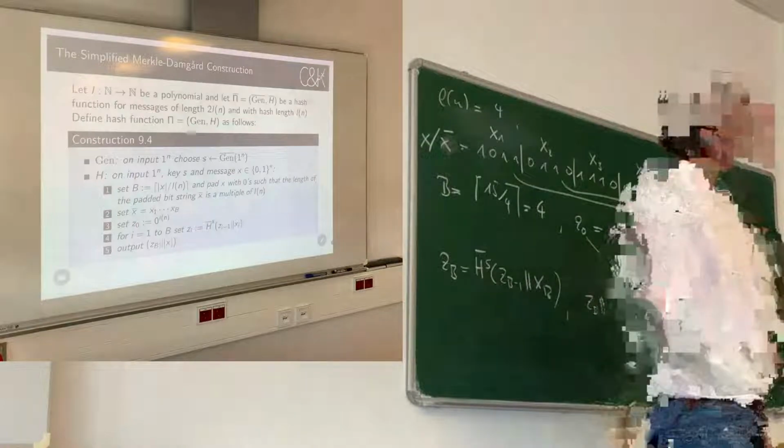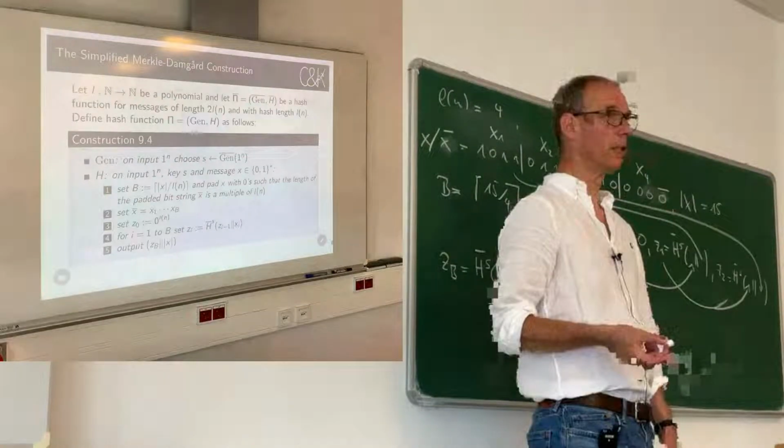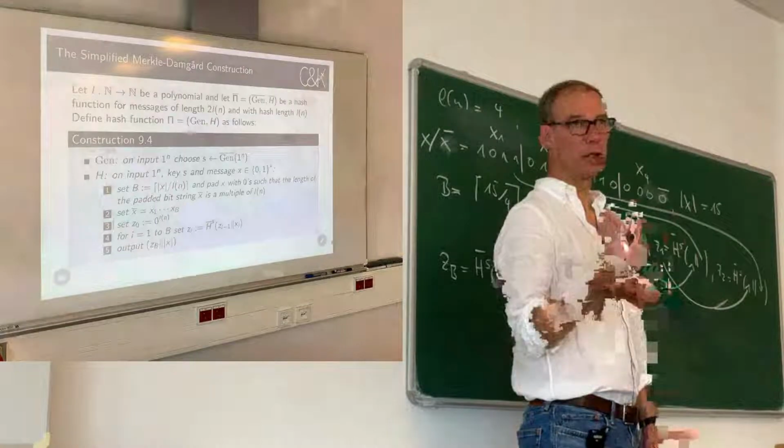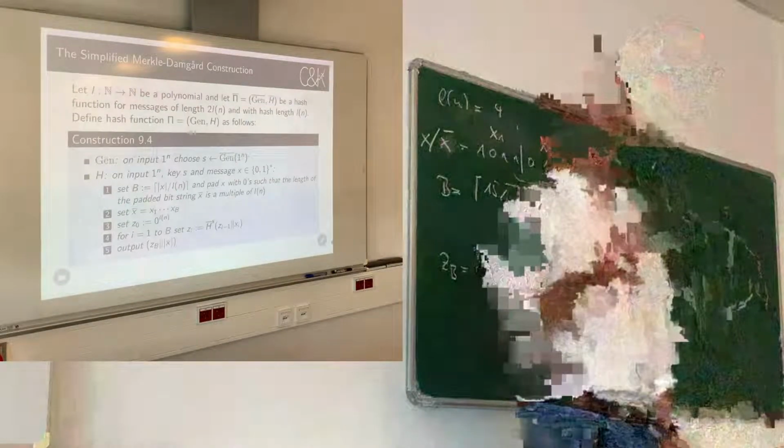So it would be 1, 1, 1, 1, because 15 is 8 plus 4 plus 2 plus 1. That's it.